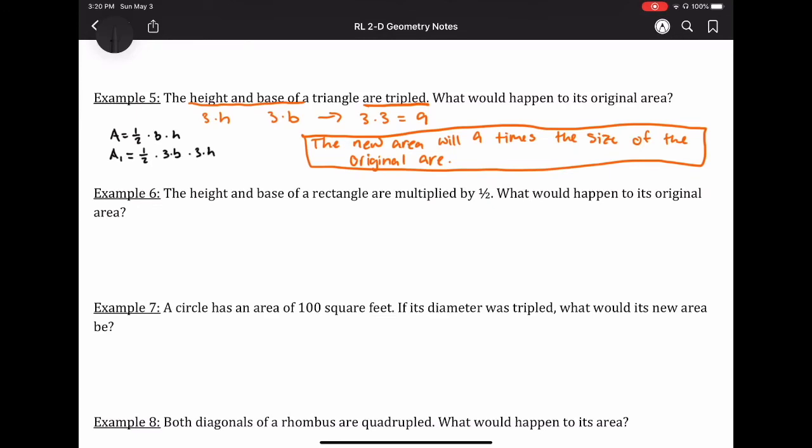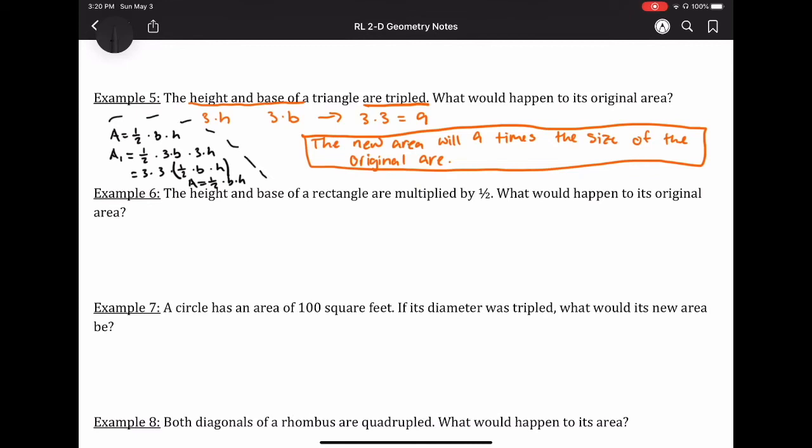When I rearrange these things, it gives me 3 times 3 times 1/2 times the base times the height. That means that what I'm really working with is 3 times 3 times this section here, which is equal to the area formula. So I really have 9 times the area. 3 times 3 is equal to 9. That's what's happening here.